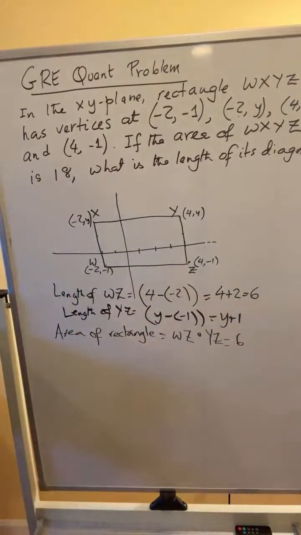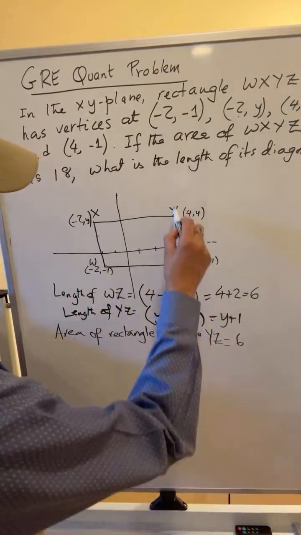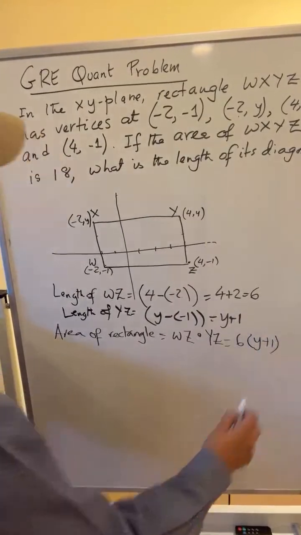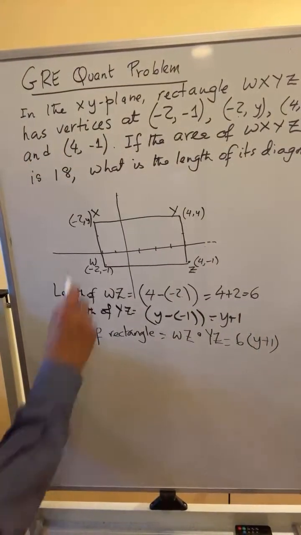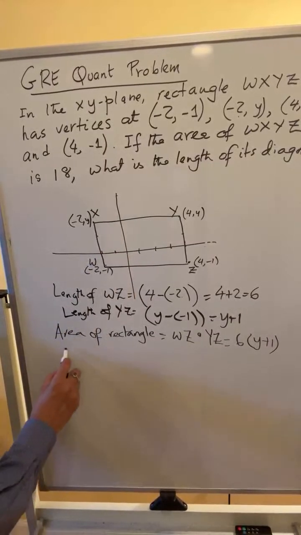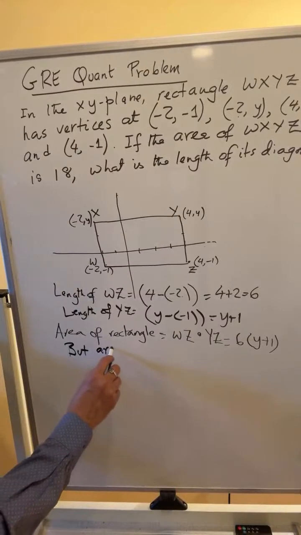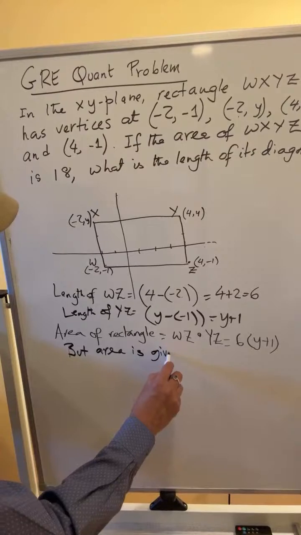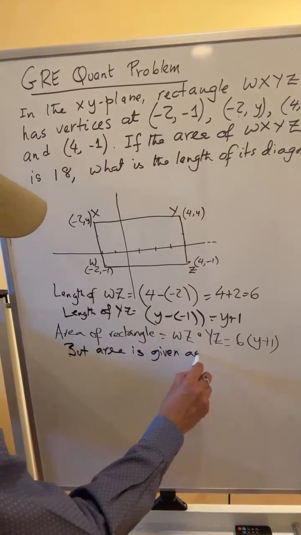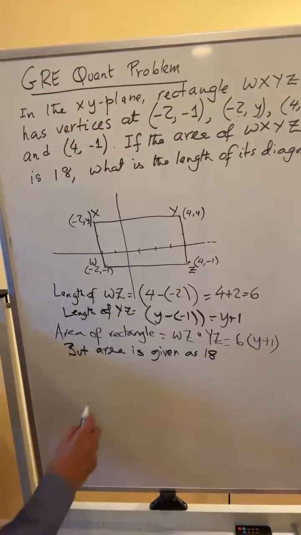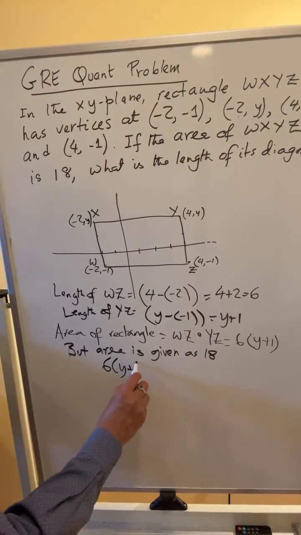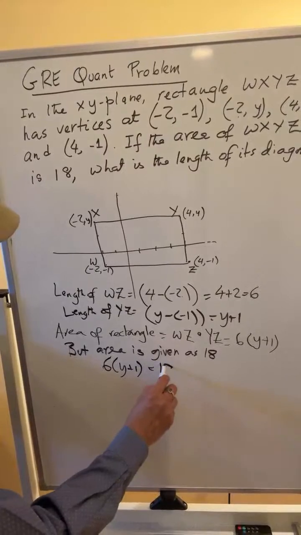WZ is 6 times the YZ, which is y plus 1. Okay, but the area is given as 18. What does it mean? It means 6 times (y plus 1) equals 18.